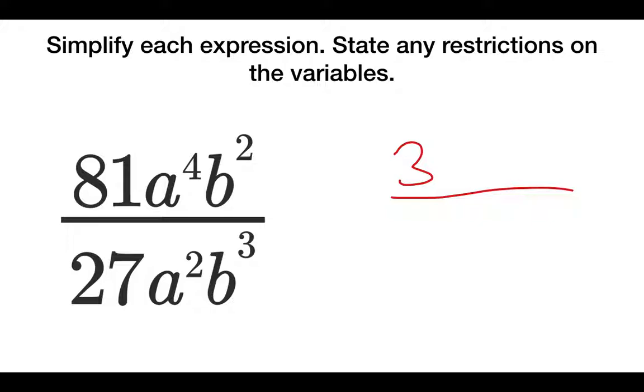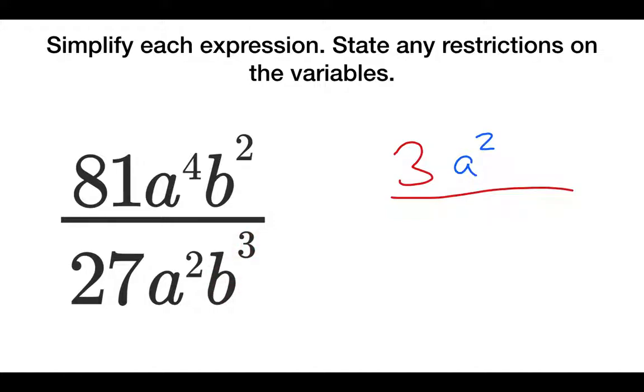Notice I'm not going to be pulling out that 1 just yet, because if I have any variables, I don't need it. Then I go to my next section: a to the 4th over a squared. I have more a's on top. How many more? 2. That means it's going to be 3a squared. Then I have my last part, which is my b's. So I look, are there more b's on top, where there are 2, or on the bottom, where there are 3?